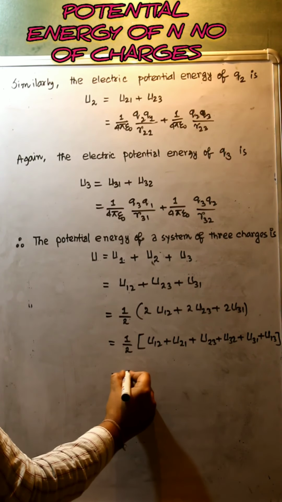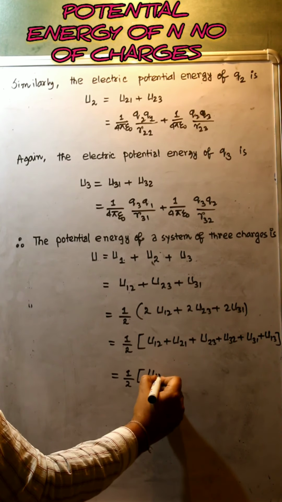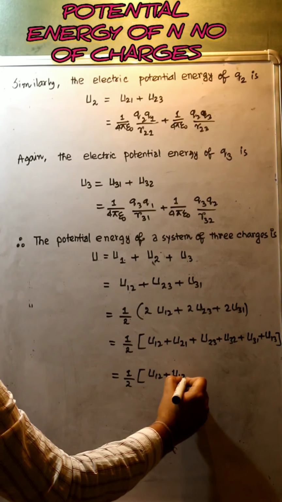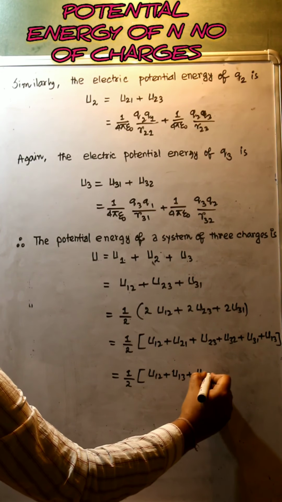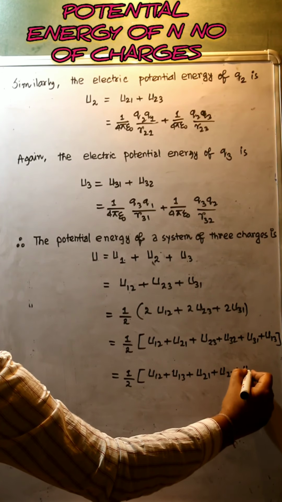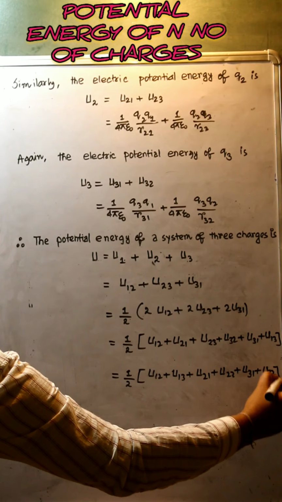So 1 by 2, here we can write U12 plus U13, then U21 plus U23, then U31 plus U32.